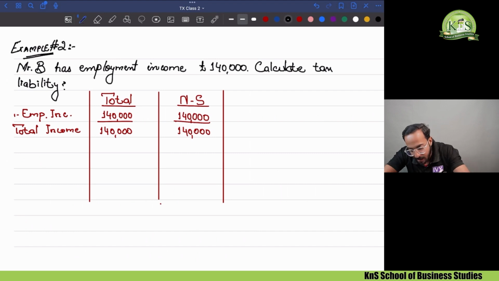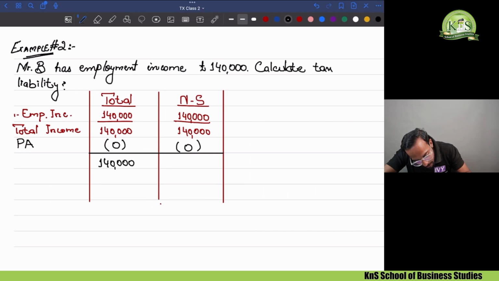So my personal allowance will be 0. Now I'll get my taxable income.